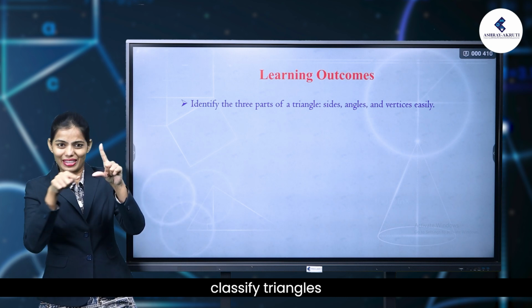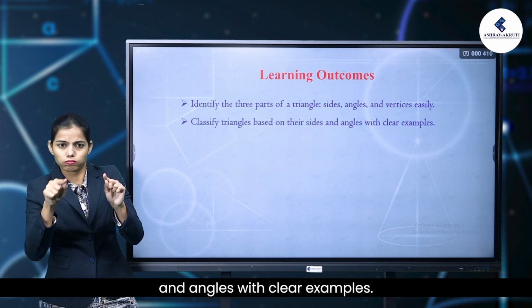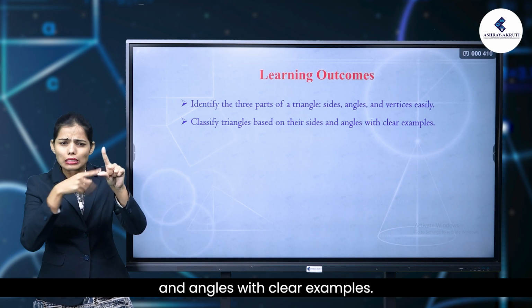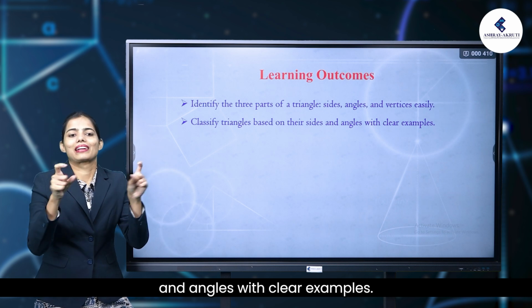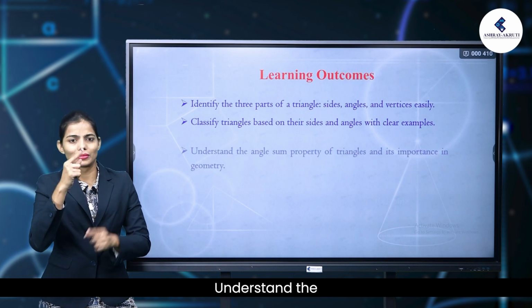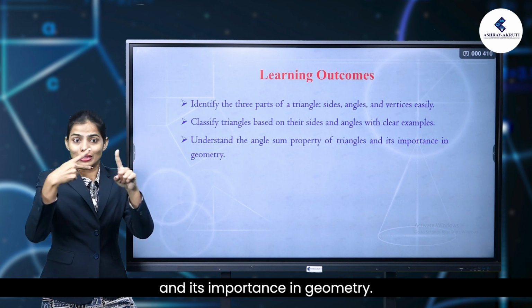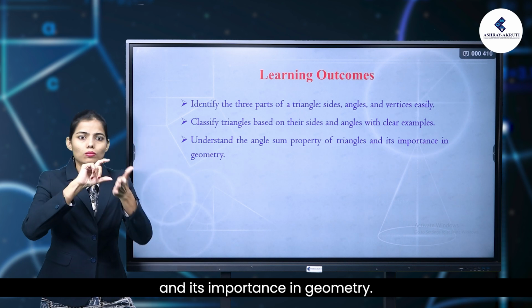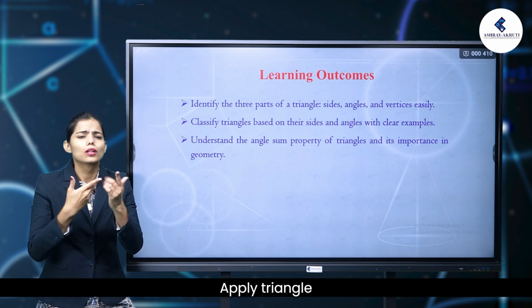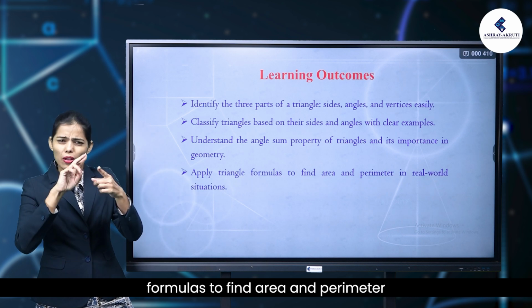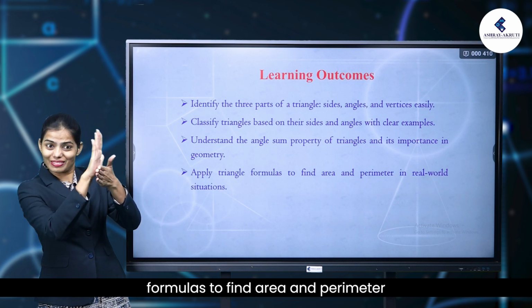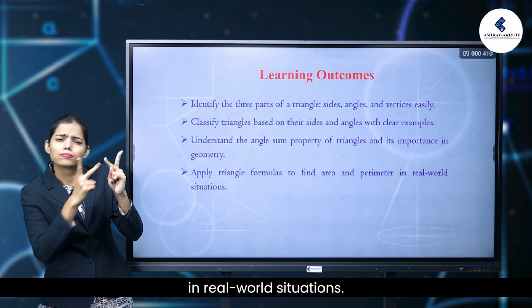Classify triangles based on their sides and angles with clear examples. Understand the angle sum property of triangles and its importance in geometry. Apply triangle formulas to find area and perimeter in real-world situations.